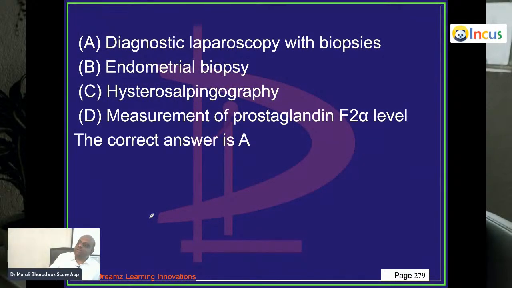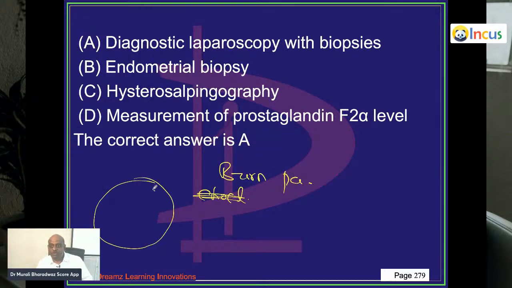So how do you make a diagnosis of endometriosis? Do a diagnostic laparoscopy. And what do you get in a diagnostic laparoscopy in endometriosis? Come on, doctor. We discussed that in the reproductive system review, no? Chocolate, burn powder-like lesions.